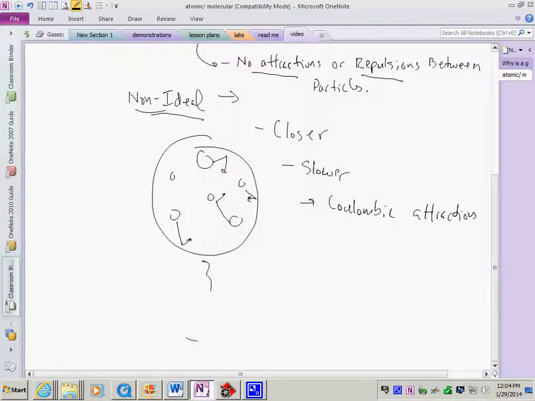Now, some gases, for example, if you have a gas particle in here, so this guy here, if it happens to have some charges on it, then there's a chance it might actually be attracted to other charged particles as well. Given the opportunity to slow down and get closer and closer, because Coulomb's law is force equals charge of positive times charge of negative divided by distance squared.